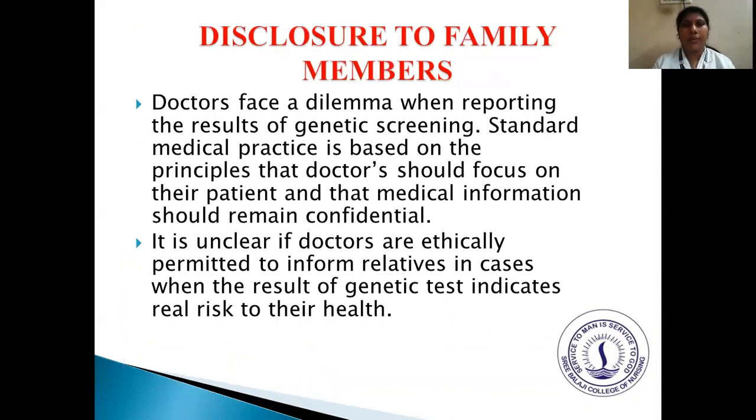Disclosure to family members. Doctors face a dilemma when reporting the result of genetic testing screening. Standard medical practice is based on the principles that doctors should focus on their patient and that medical information should remain confidential. It is unclear if doctors are ethically permitted to inform relatives in cases when the result of a genetic test indicates real risk for their health.